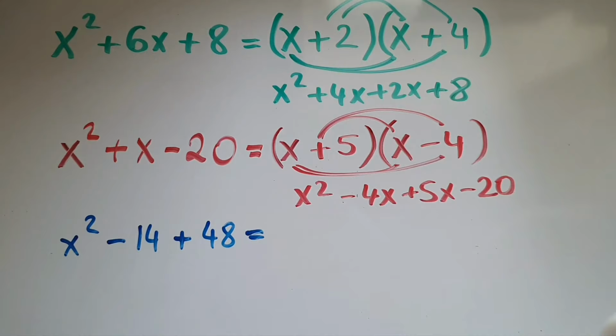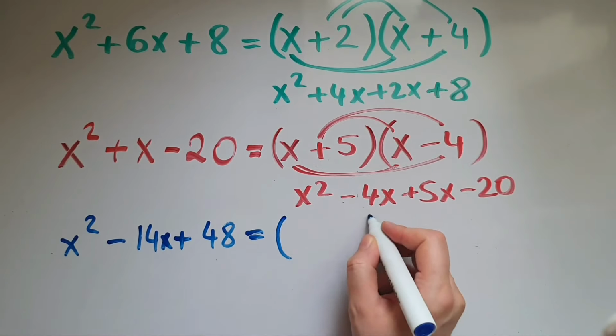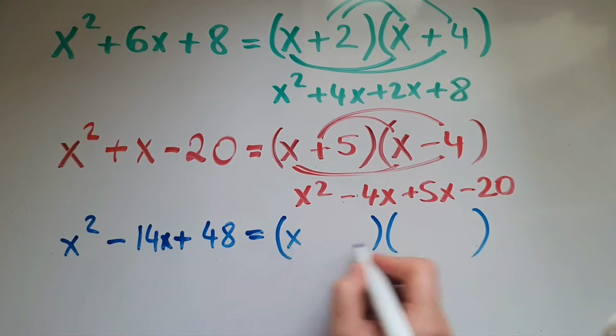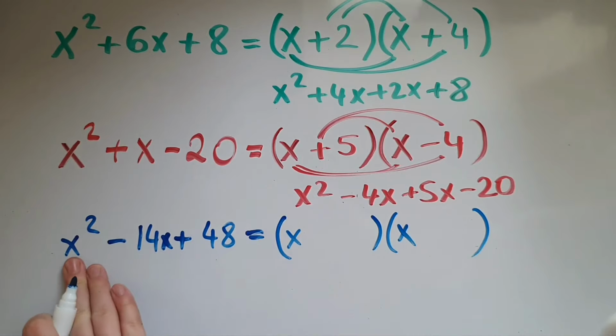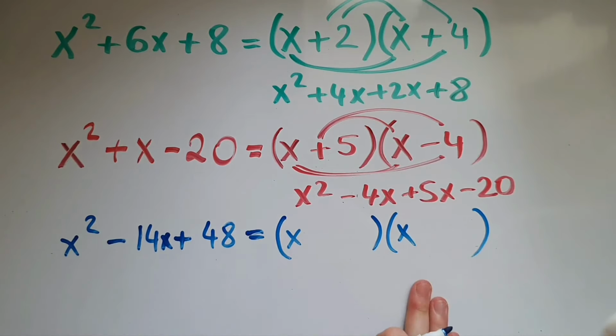Looking at this other example, we've got x squared take away 14x plus 48. So opening up the brackets, we put the x's first, and then we've got two numbers that add up to negative 14 and multiply to give us 48. So let's start with this.